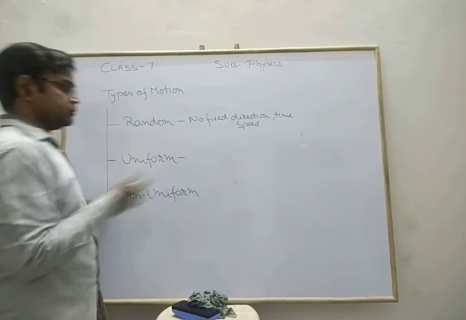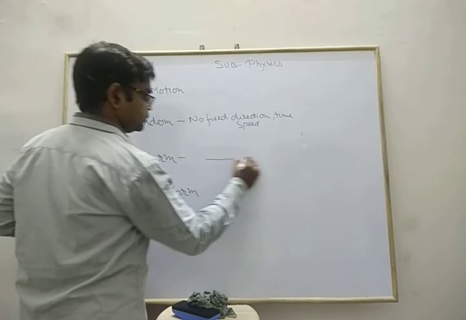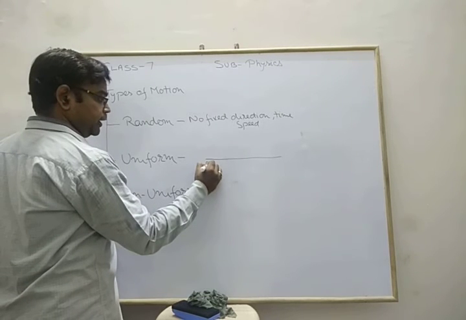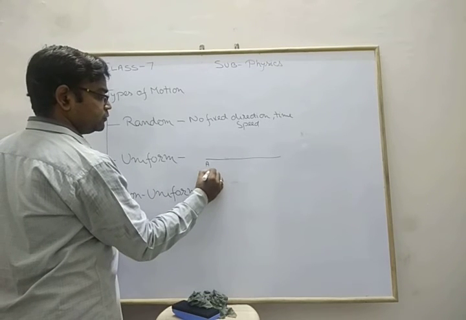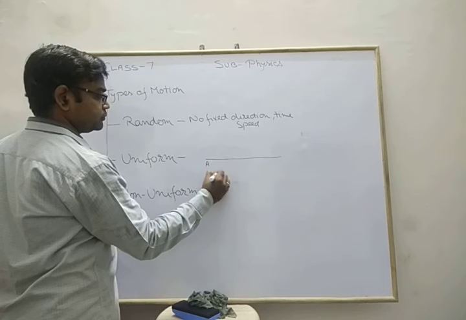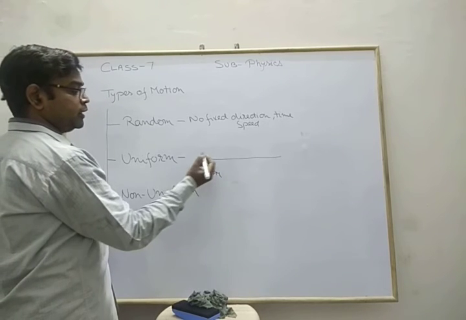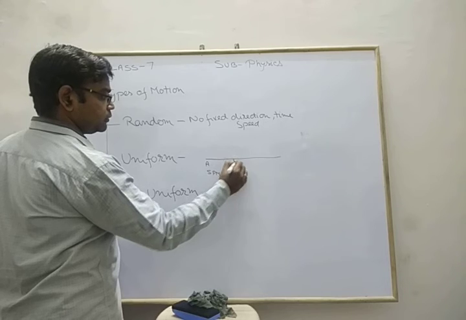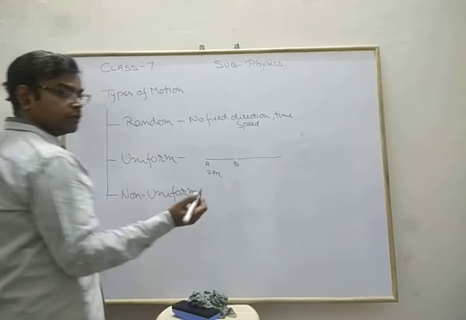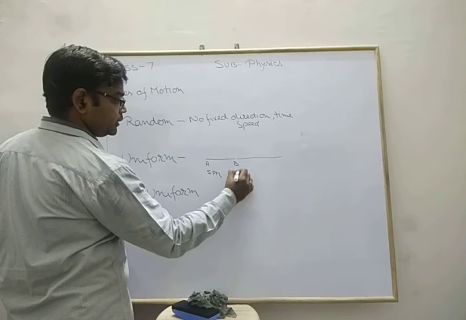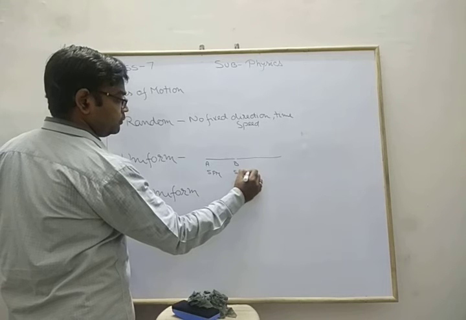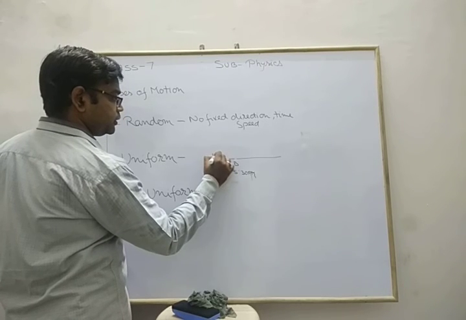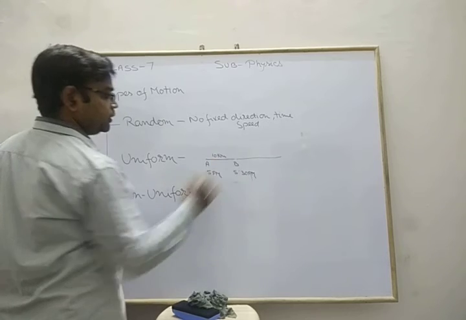The best example: suppose you are moving in a car and you are at point A at 5 p.m. Your car starts running and after 30 minutes, at 5:30, it reaches point B, which is at a distance of 10 kilometers.